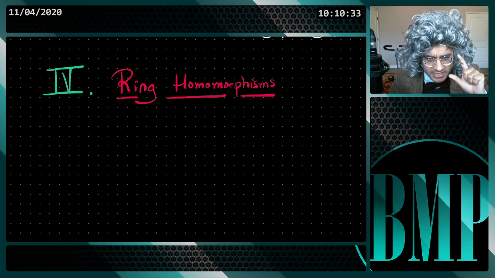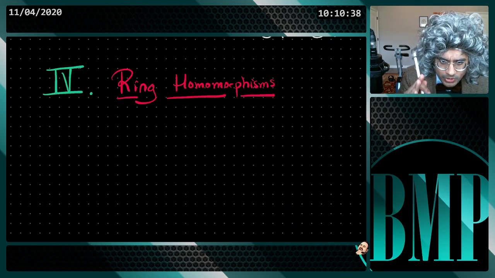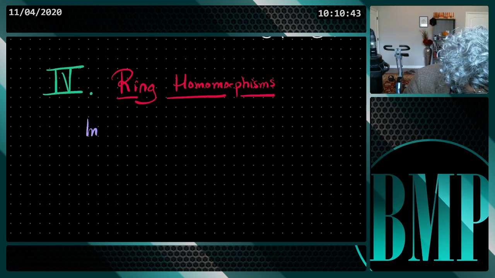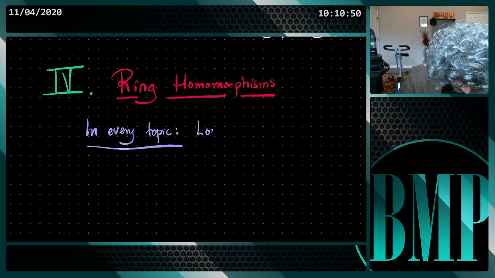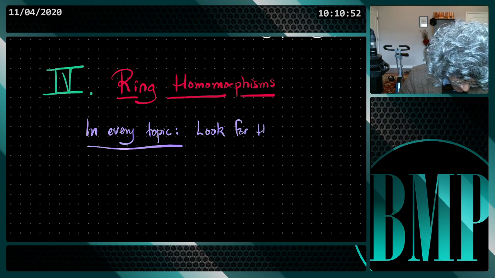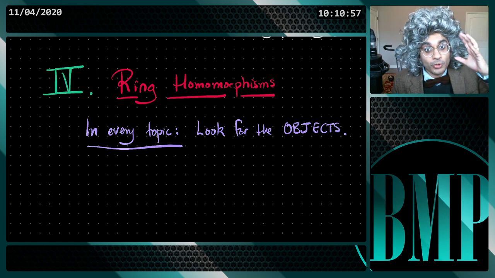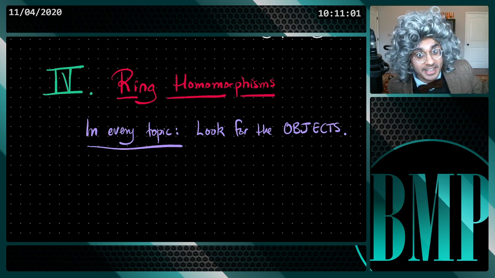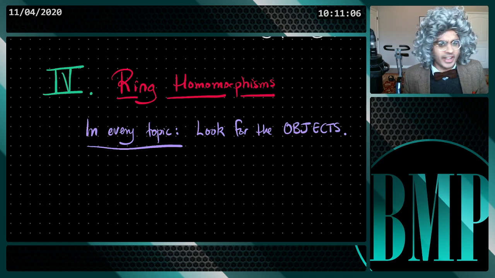Every single subject, class, every subject you ever learned from here on out, whether you're my student, anyone else's student, in every subject, look for the objects: rings, groups, sets, or vector spaces.